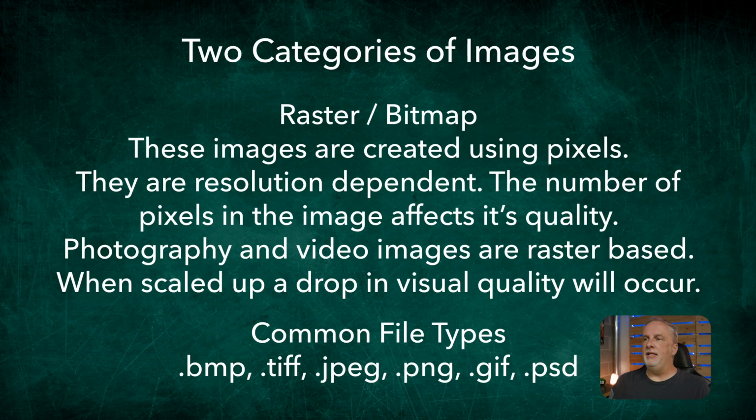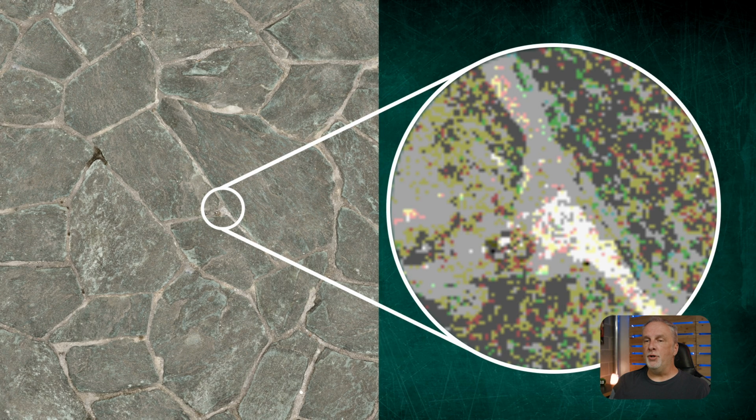Now, what that means again is we're going to go back to the pixel. All of these images are based on pixels. And what I'm trying to simulate here is if we zoom into this small section right here, we're going to see the individual pixels of that image. When we're zoomed out like this, we don't see it, but if we zoom in, we're going to start to get down to these pixels, and that doesn't look really good.